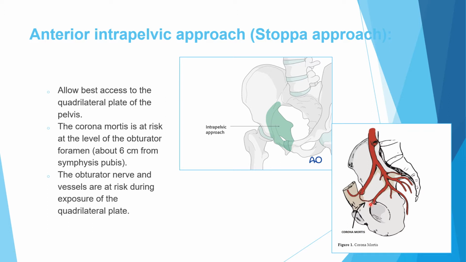So the corona mortis is an anastomosis between the obturator, which comes from the internal iliac, and the external iliac vessel, and it is usually about 6 centimeters from the symphysis pubis. So if this is the symphysis pubis, about 6 centimeters laterally on both sides, you will find the corona mortis, which is basically an anastomosis between the external iliac and the obturator, which comes from the internal iliac.